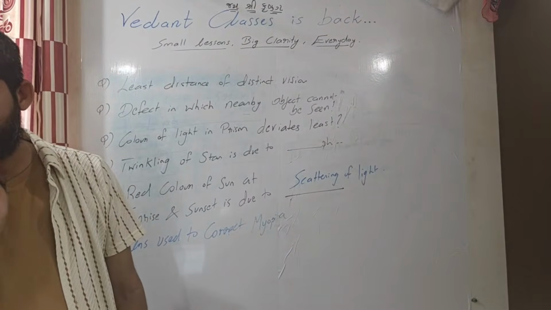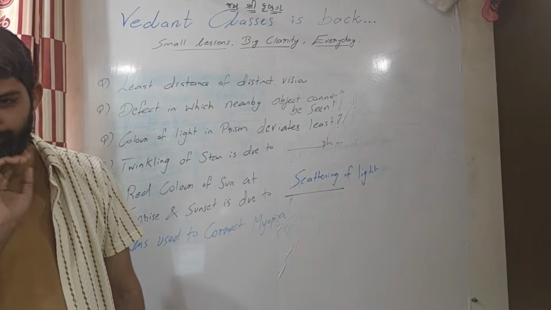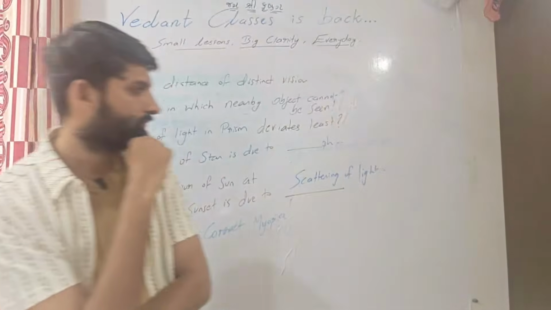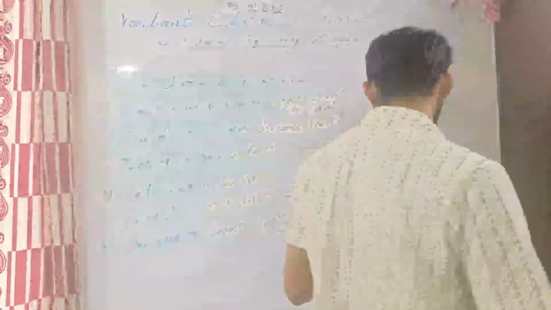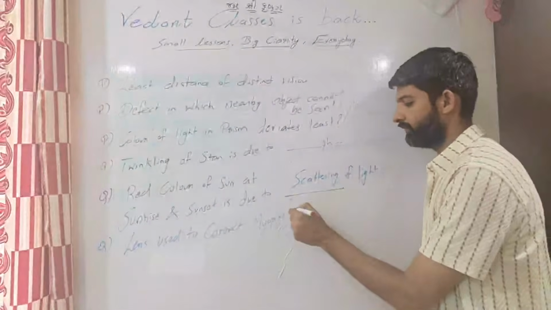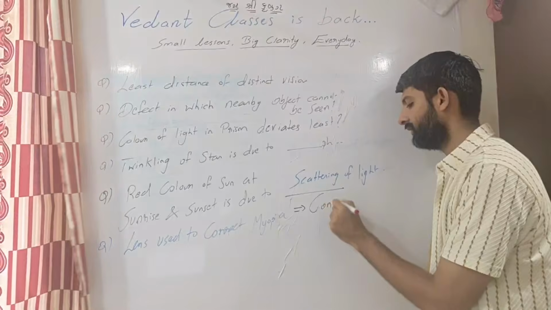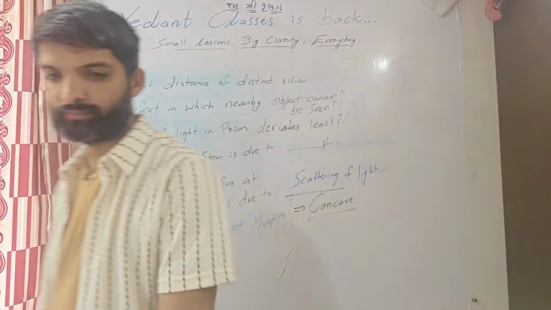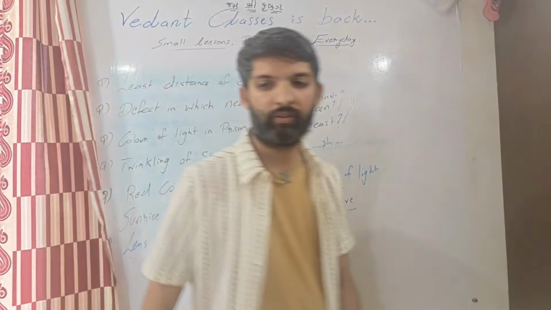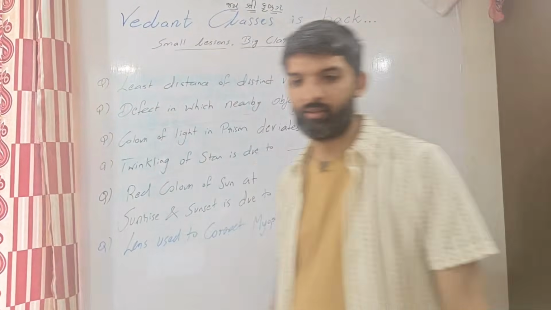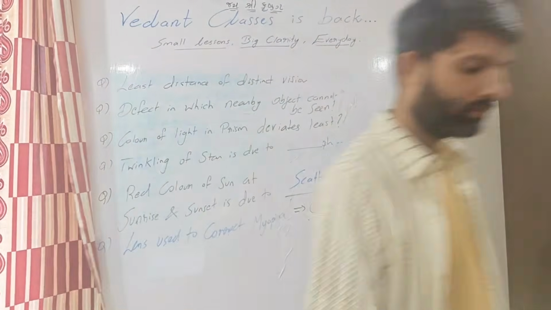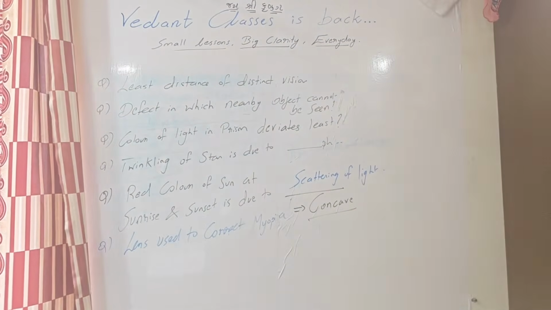Someone is saying concave or convex. In myopia, a concave lens is used to correct it. Not the convex. You have to be very careful about this. If you write convex, the answer will be wrong.